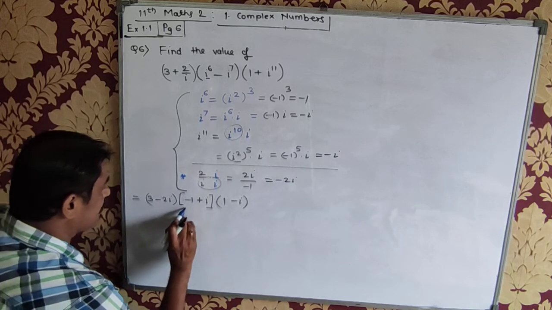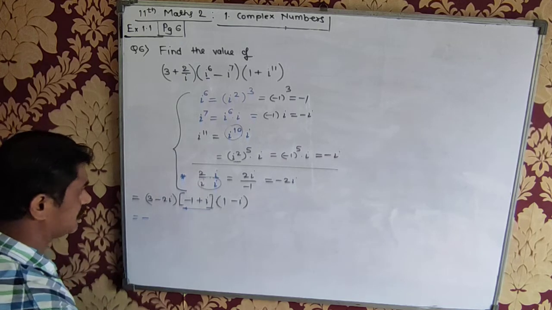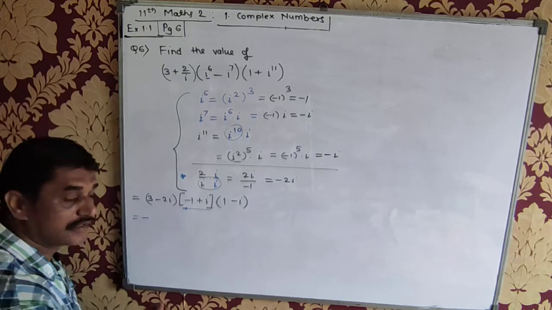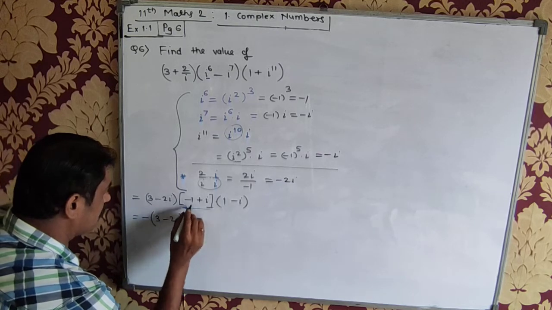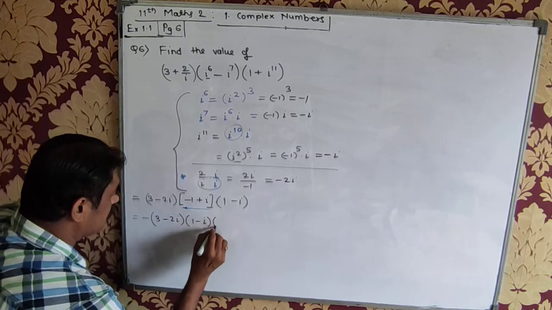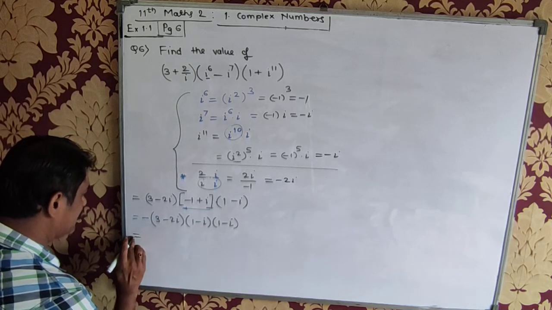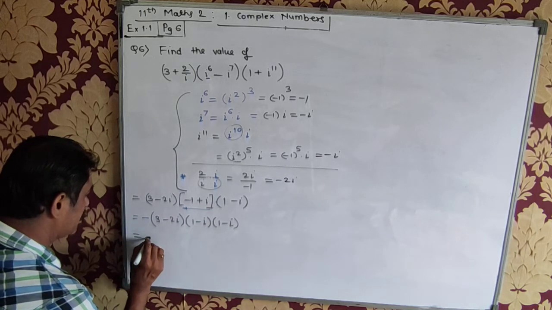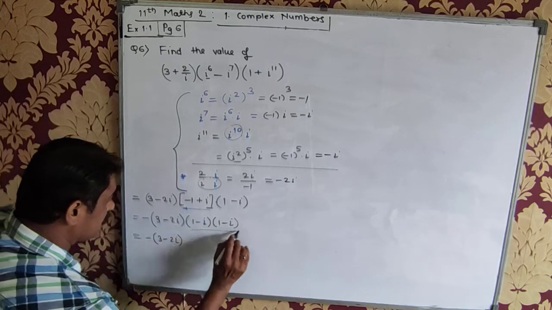Take the minus sign outside from here. So what do you get there? This will become 3 minus 2i, 1 minus i, minus i, 1 minus i, that is equal to minus 3 minus 2i and its square.